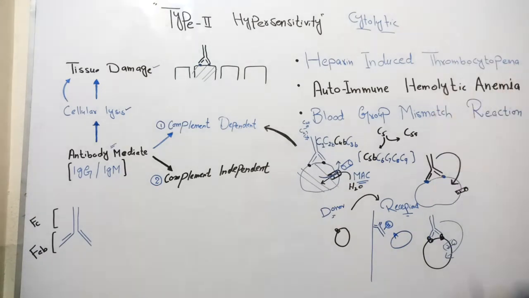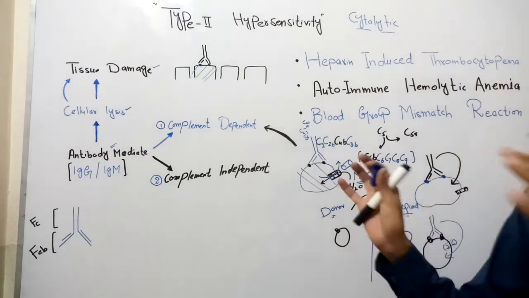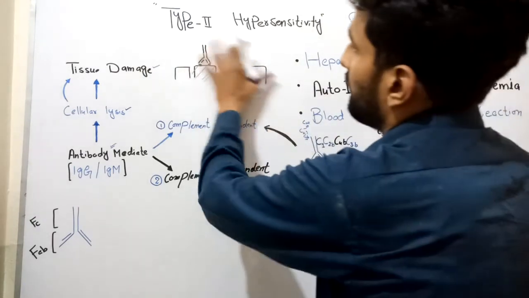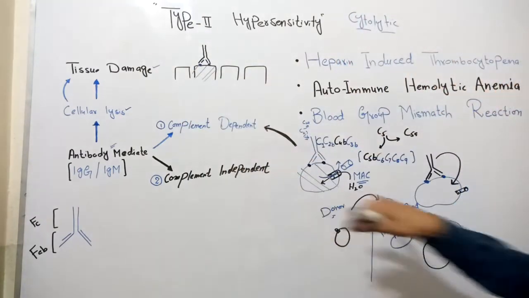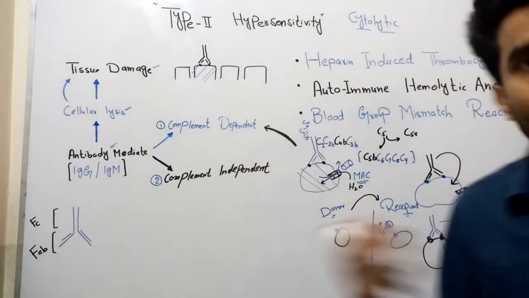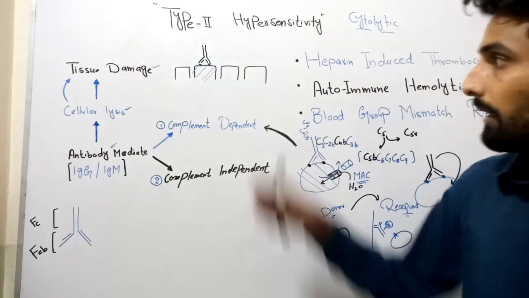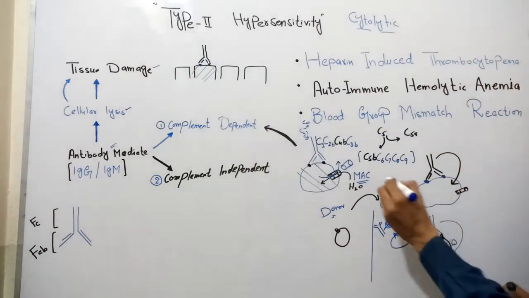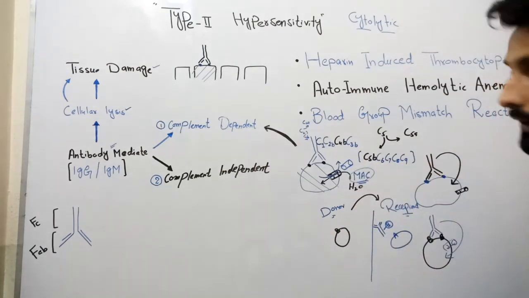Well, there is another example, that is complement independent, in which the complement system is not involved. For example, this is a healthy tissue, nucleated cell. Platelets are non-nucleated cells, they are just fragments. RBCs are non-nucleated cells, they do not have any nucleus. But on the nucleated cell, we know that this MAC will not be able to form. This point is very important, listen to me.